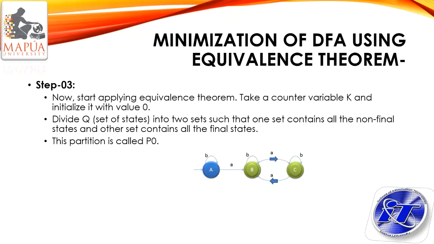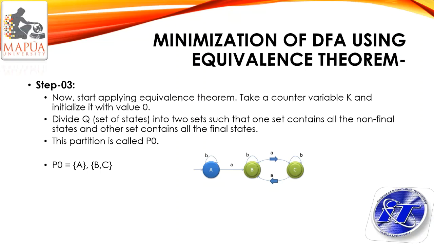That's step 3, the grouping, and this is called equivalence 0. We are separating the final states from the non-final states. So A is non-final, and B and C are final states. That's equivalence 0. Now let's proceed with step 4, wherein we're going to get equivalence 1.